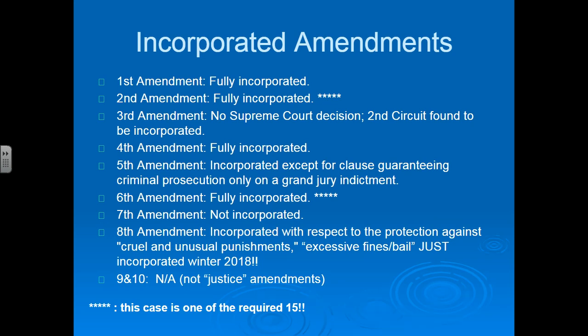The Second Circuit Court of Appeals found it to be incorporated, but nobody's going to ever ask you about that. The Fifth Amendment is incorporated except for guaranteeing grand jury indictment for criminal prosecution. So that is just at the federal level. So if you're accused of a state crime, you are not necessarily guaranteed the right to a grand jury.